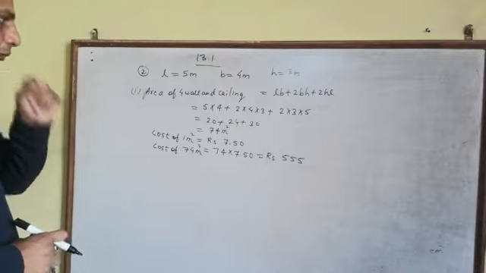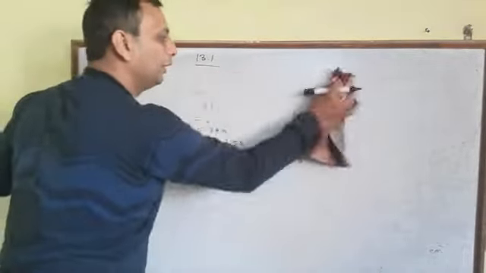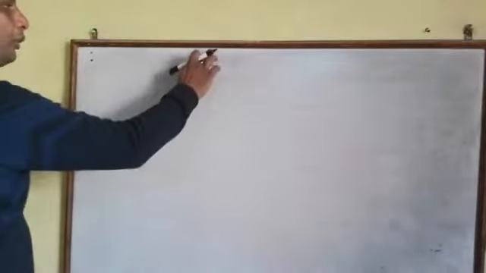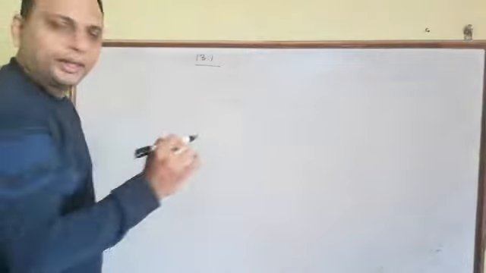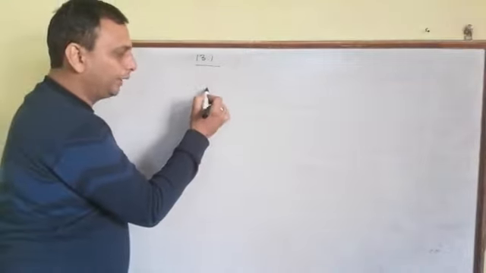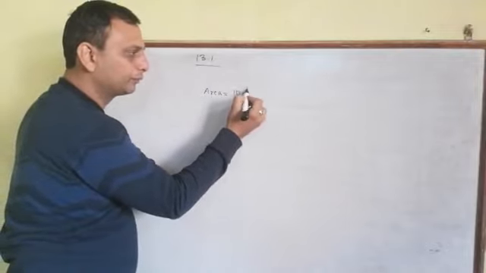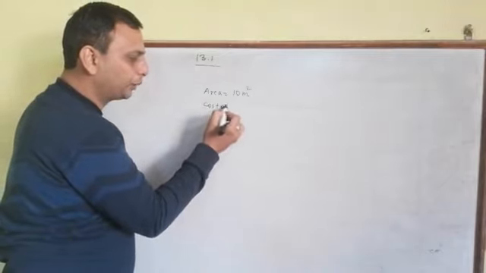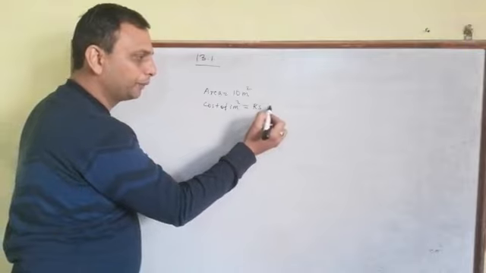Now we have to solve question number 3. Before solving it, I'll give one example to understand how to solve question number 3. This is exercise 3.1. Suppose the area is 10 meters square and the cost of 1 meter square is 5 rupees.